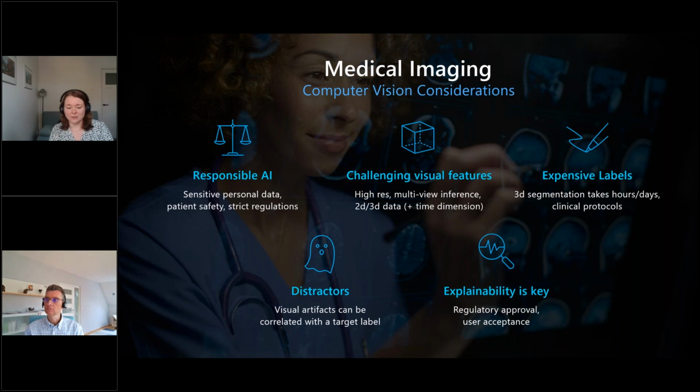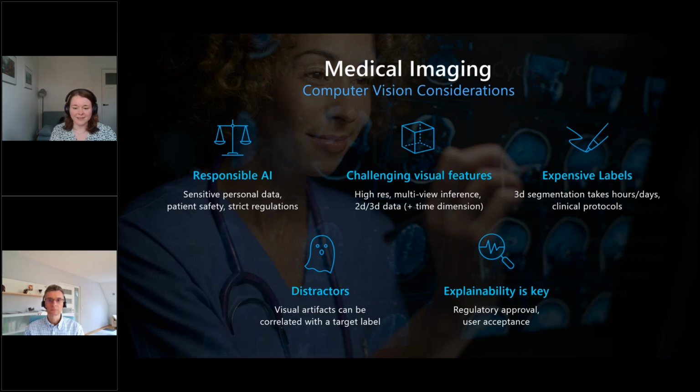This also relates to the next point, which is that explainability is really important in these medical imaging scenarios. Not just for these visual distractors, but also for user acceptance in general, to make sure that these medical professionals actually trust the models that we are creating, and also from a regulatory perspective, this can be required.